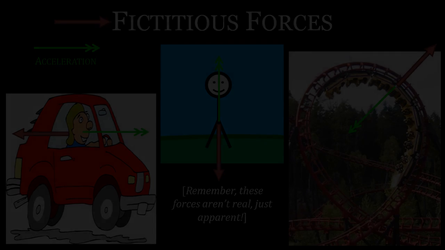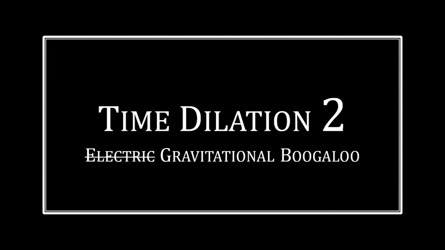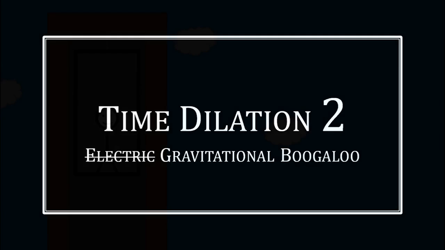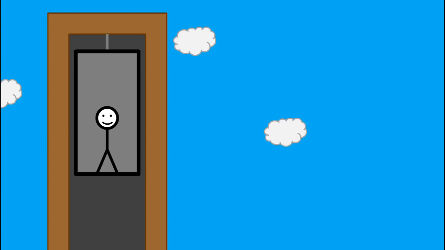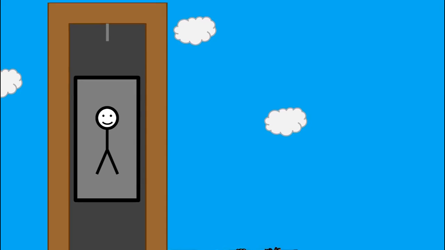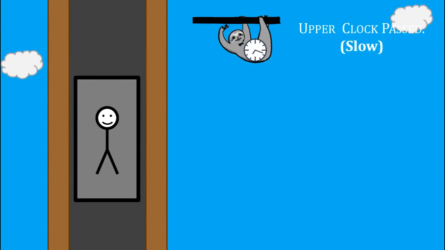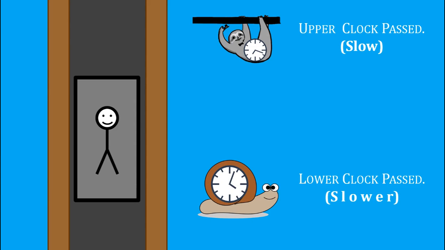Let's go back to our free-falling lift, accelerating under the Earth's gravity. It passes two clocks on the side of the lift shaft. Since our observer is in an inertial frame moving relative to the clocks, the effect of time dilation applies, so the first clock ticks slower than it would do at rest. By the time it falls past the second clock, it is accelerated to a higher speed, so there is more time dilation, and the second clock ticks even slower than the first.